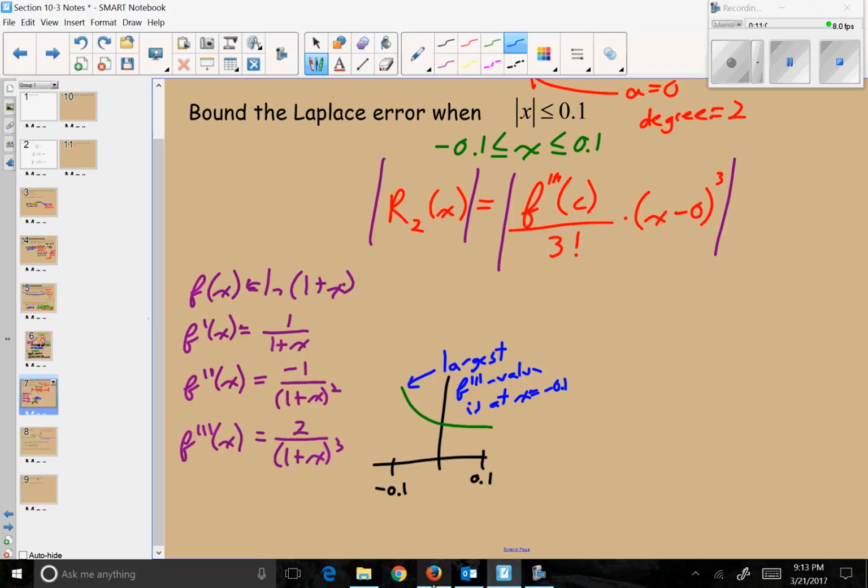So by doing that, I can now say that this is going to be less than or equal to the absolute value if I plug negative 0.1 into my derivative. So that's 2 over 1 minus 0.1 cubed times my x cubed over 3 factorial.